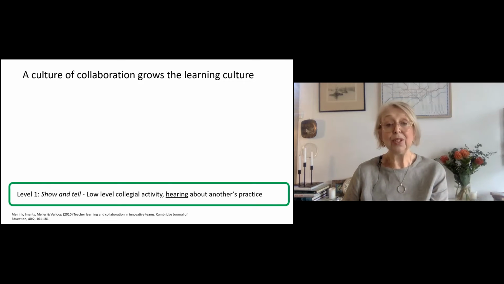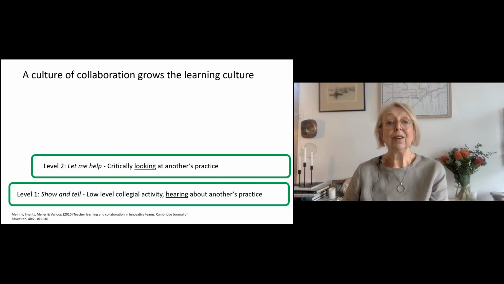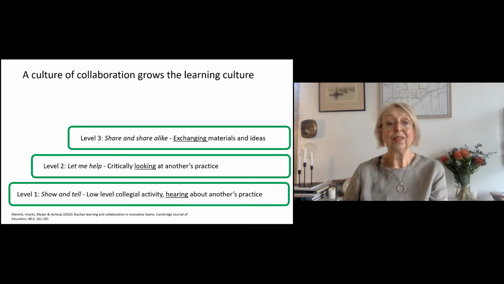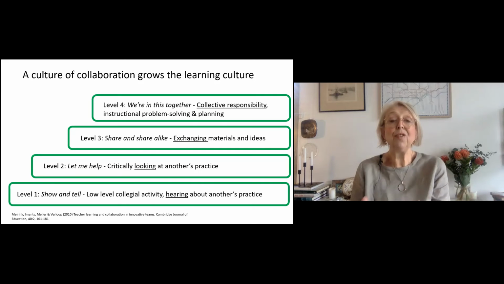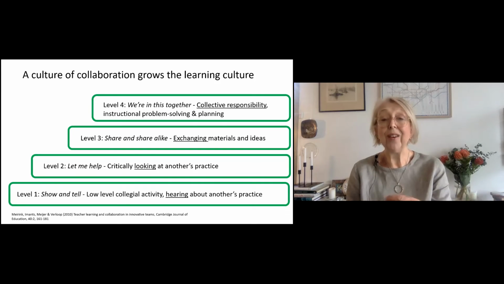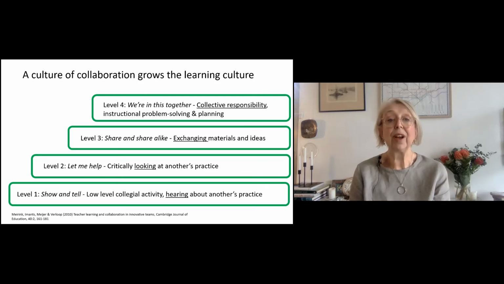First of all, it begins with just hearing about another person's practice, then critically looking toward exchanging ideas and materials. But level 4 trust is when we're in it together and we take collective responsibility for instructional problem solving and planning.